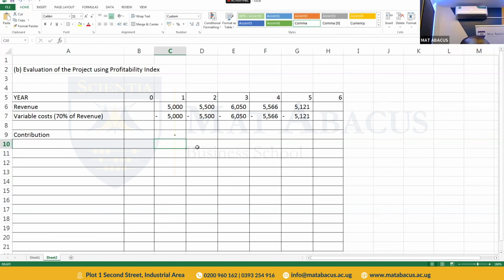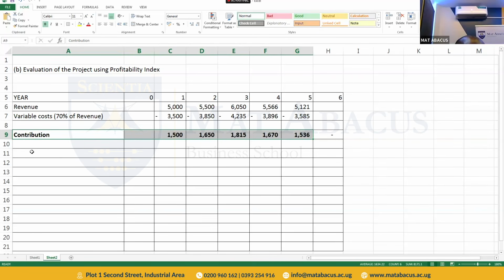So in year one, I made a mistake here. Let me repeat, equals that figure times 70%. And my contribution is that.